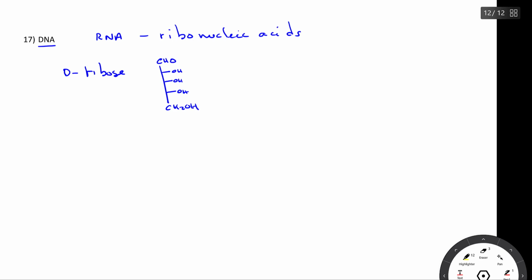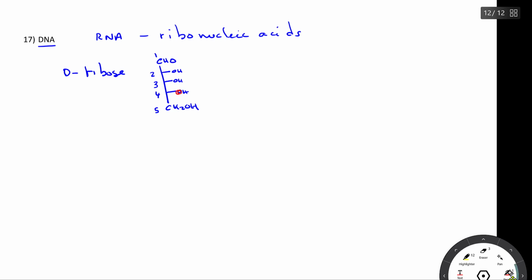And it forms a pyranose, a 6-membered ring, and the first carbon, of course, will be this one. Then 1, 2, 3, 4, and this is 5. This is the 5th carbon, but this oxygen is the one that's in the ring.